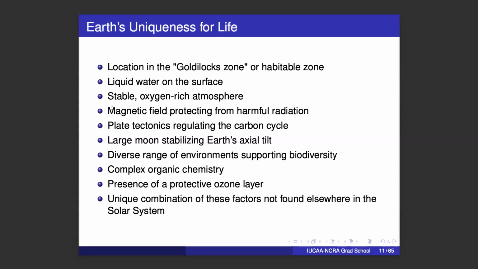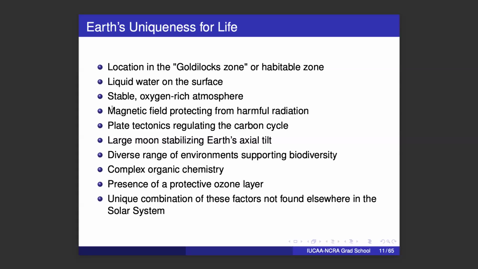It has a diverse range of environments supporting biodiversity. It has a complex organic chemistry, mainly all carbon-based chemistry. There is the presence of a protective ozone layer. This formed fairly late in the history of the Earth. Billions of years ago, when there wasn't enough oxygen on the Earth, it was all a carbon dioxide atmosphere, and there was no ozone layer.